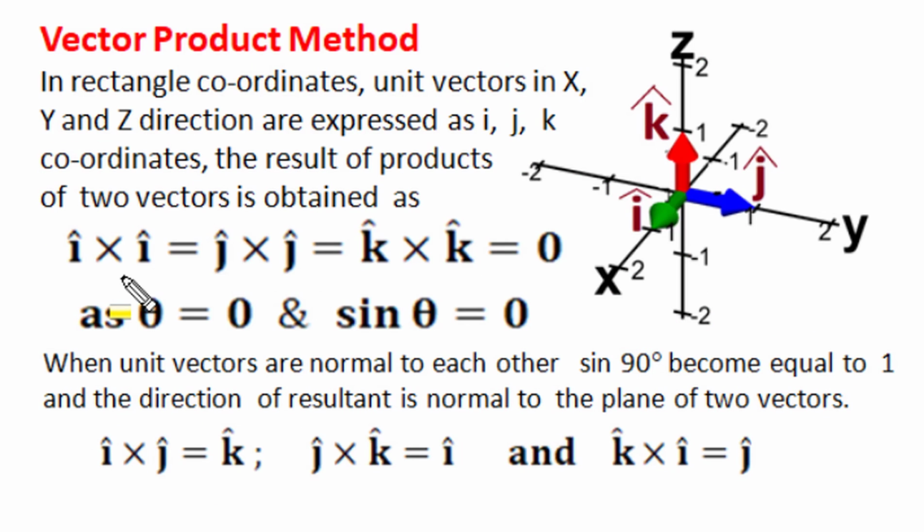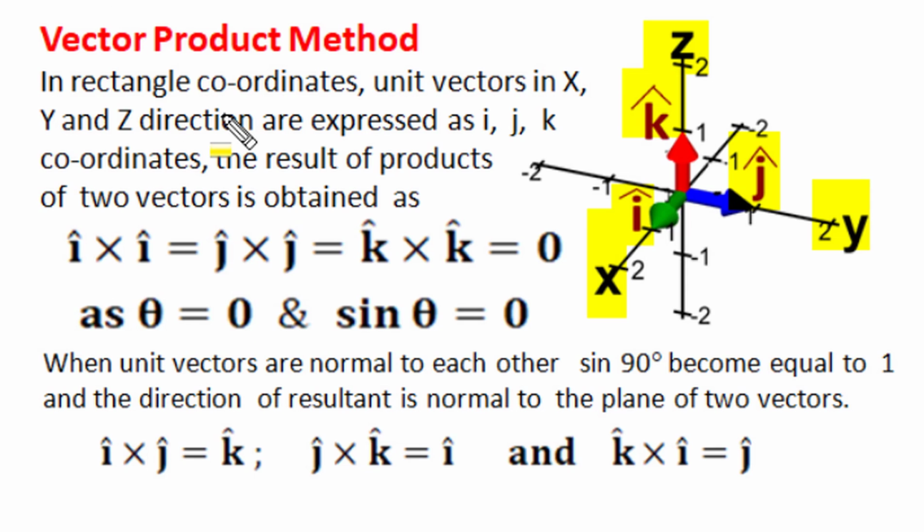We can also find the direction of the resultant vector of the vector product of two vectors by the mathematical concept of unit vectors. In our three-dimensional rectangular coordinate system, three perpendicular directions are known as x, y and z direction, and in mathematical notation, a vector of one unit magnitude in plus x direction is represented by i cap. Similarly, in plus y direction the unit vector is j cap, and in positive z direction it is k cap.